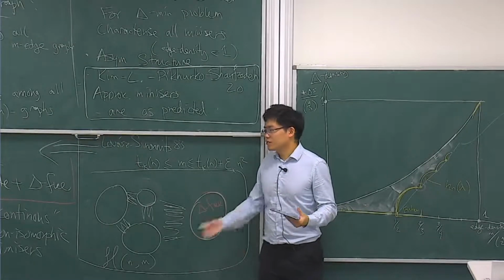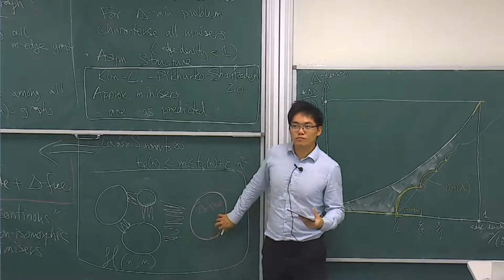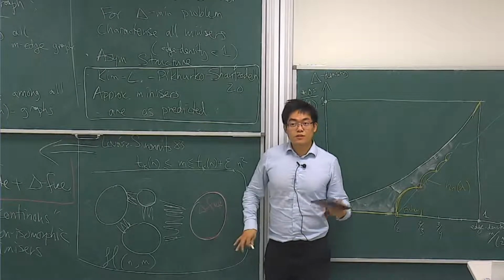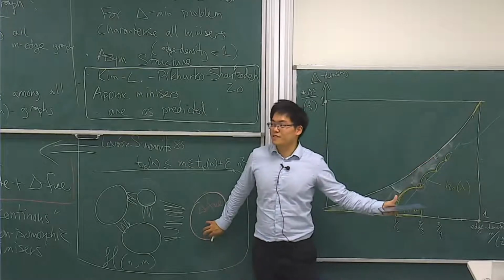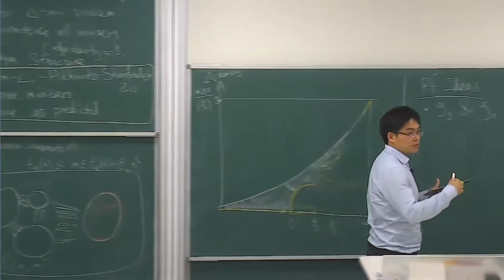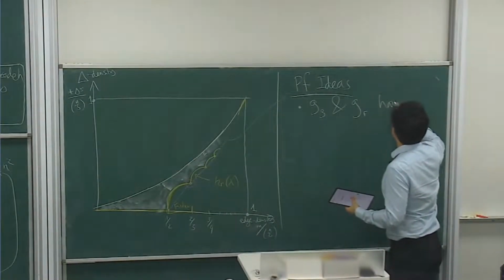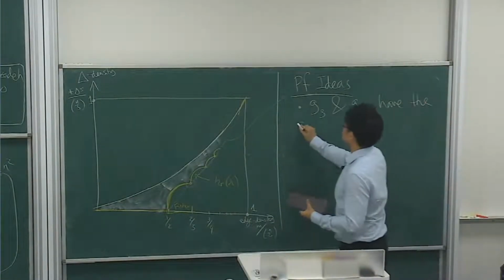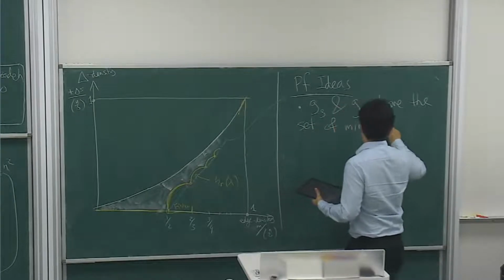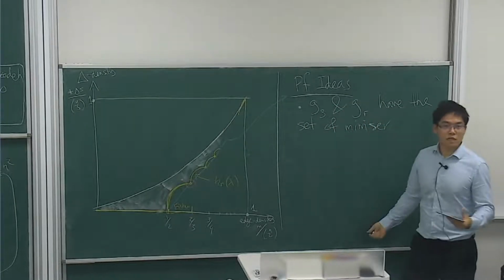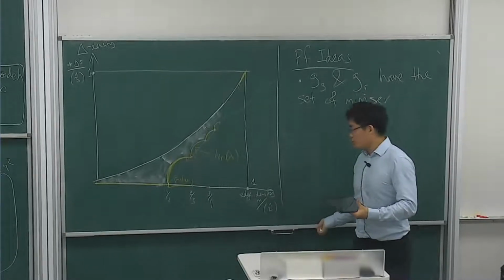It just says that fix your clique size R, then one of the minimizers looks like that. So their set of minimizers is almost the same, right? It's something like this. So they have the same set of minimizers. So what, you will ask? Same set of minimizers. But what do we know?